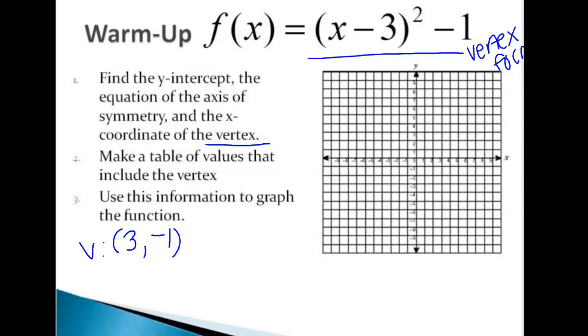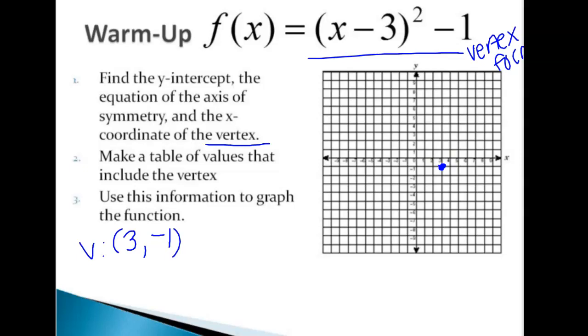So I have my vertex. That tells me where my graph is going to be at a max or a min. In this case, my graph is going to have a min because the a value is positive, so that tells me it opens up. So I have the point 3, negative 1.